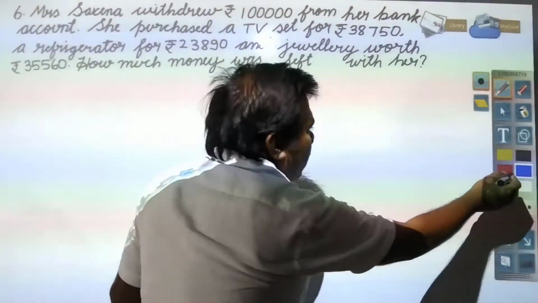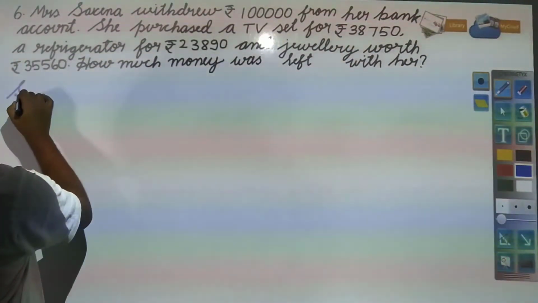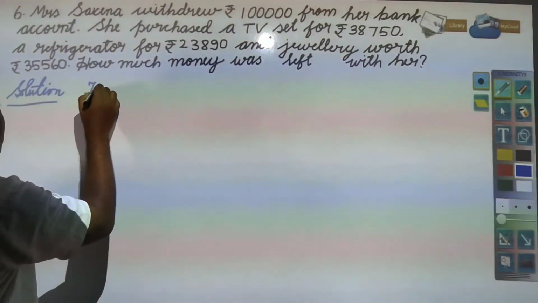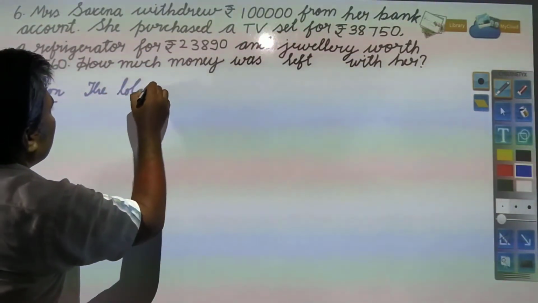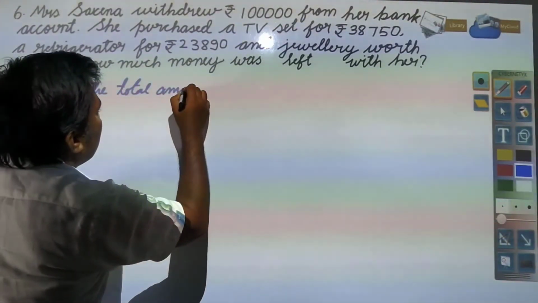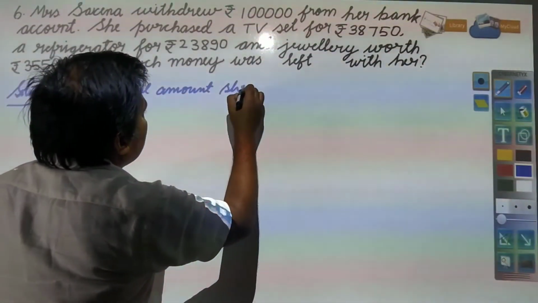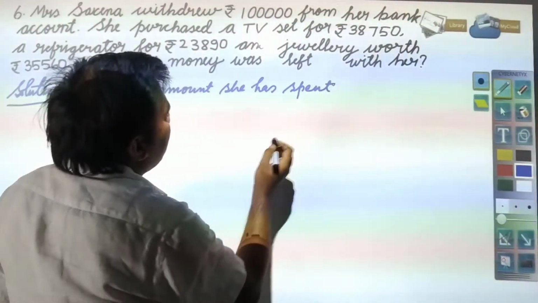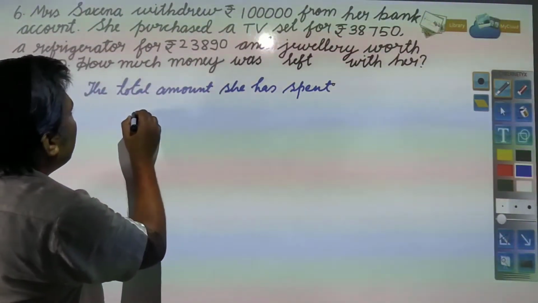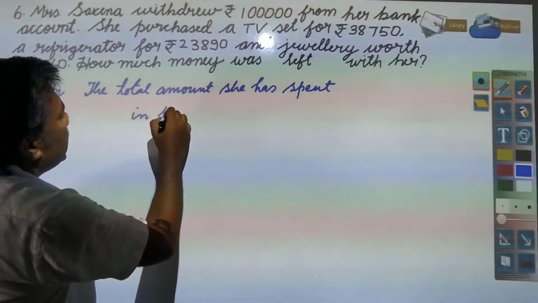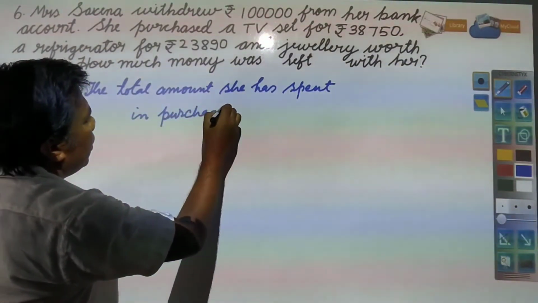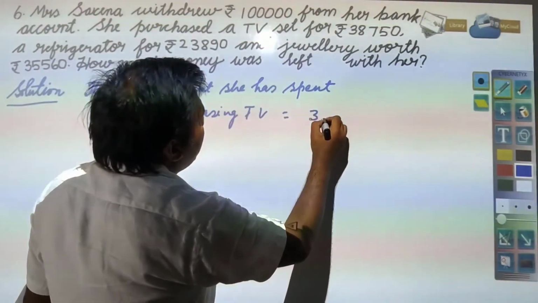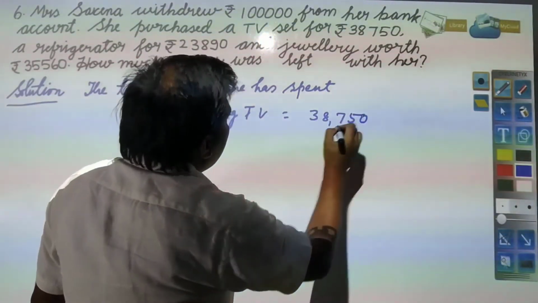So here we will write the total amount she has spent in purchasing TV, how much? 38,750 rupees.